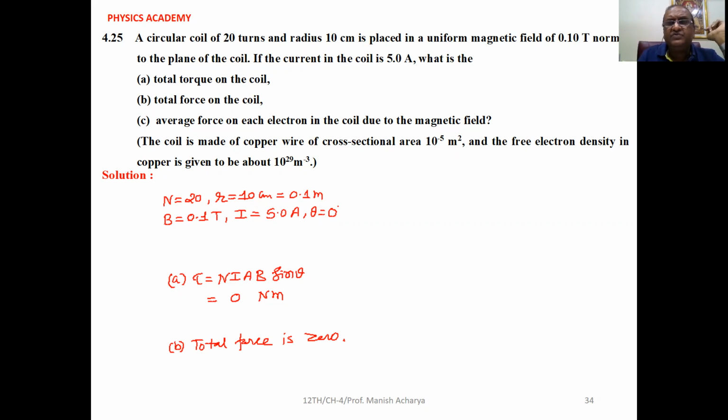And these two forces will be equal in magnitude, opposite in direction, so will cancel each other. So in this way, the net force will come to 0.